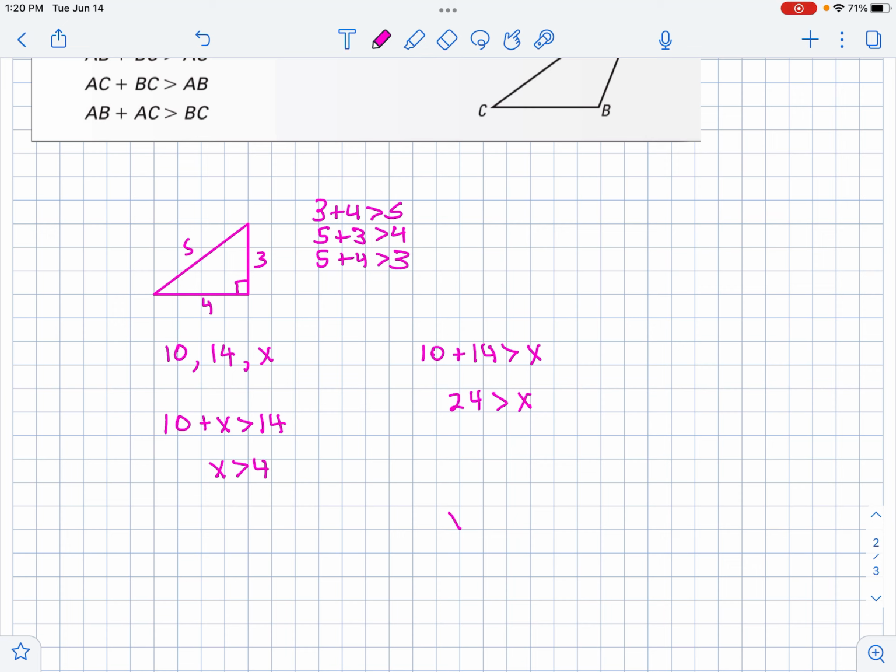So here's the deal. x has to be greater than 4, and it has to be less than 24. So we've done it. If we have an x value anywhere between 4 and 24, not including, then we have a triangle. In other words, all the sides can connect.